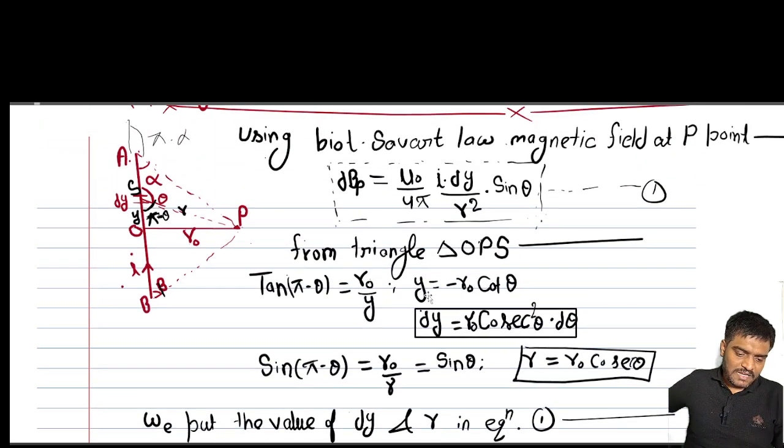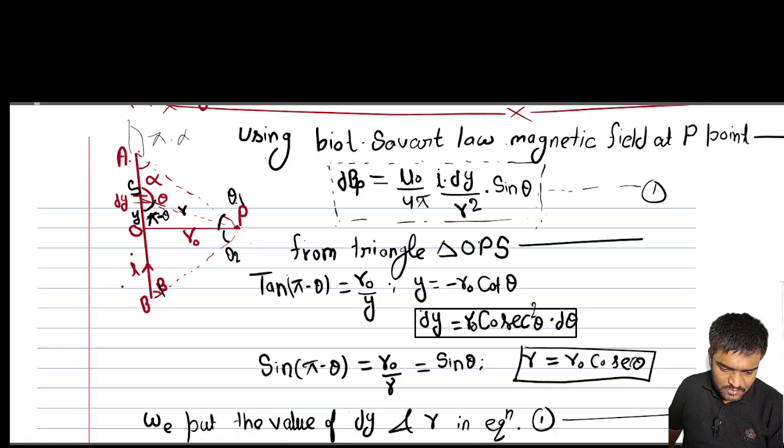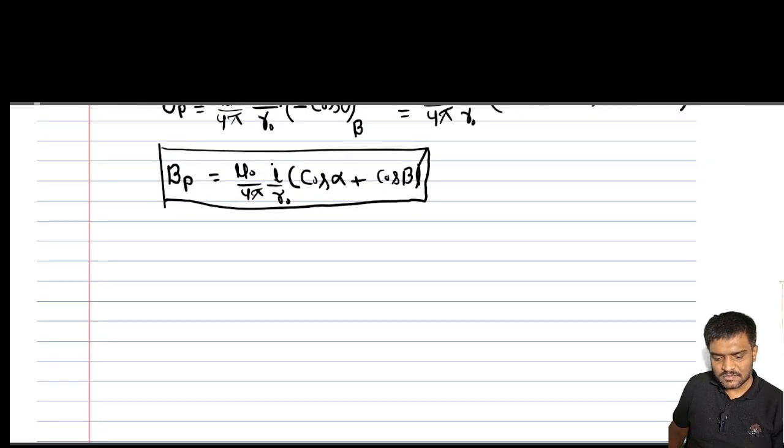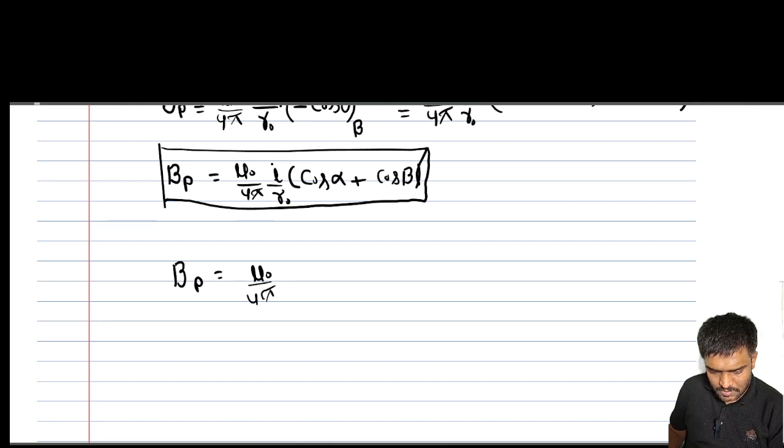We can also convert these angles: this one is theta 1 and this one is theta 2. Theta 1 is equal to 90 minus alpha, and theta 2 is equal to 90 minus beta. So after putting the values of alpha and beta, Bp is equal to mu naught upon 4 pi, I by r naught, sin theta 1 plus sin theta 2.